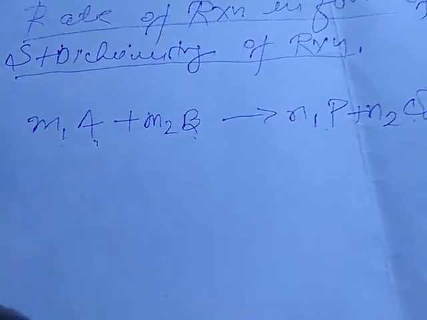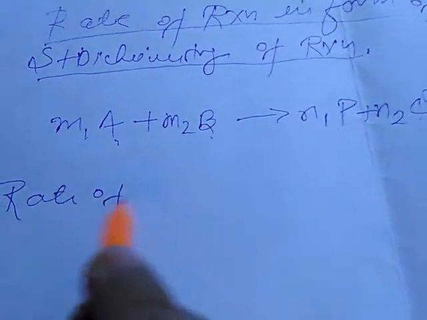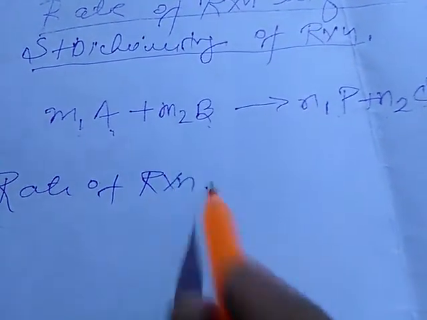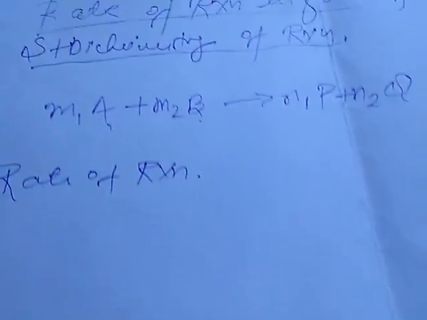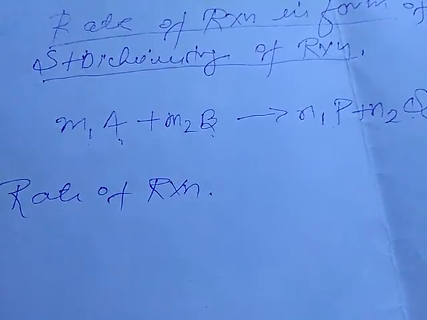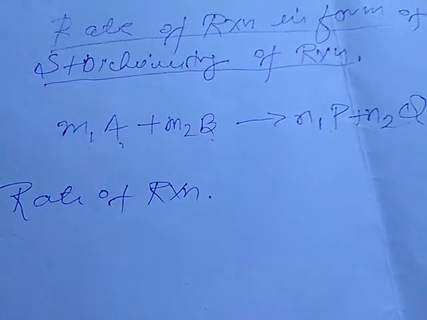So for finding rate of reaction, we all know that rate of reaction is the change in concentration of reactant or product with respect to time.